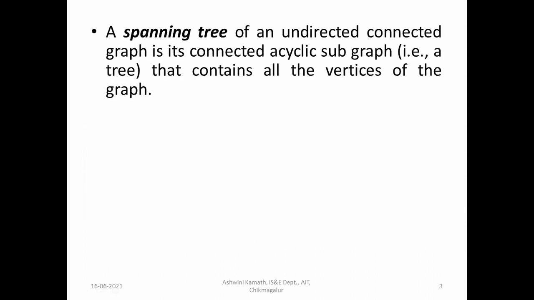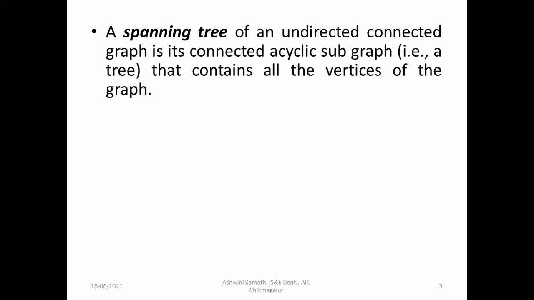So let us see what a spanning tree is. We have seen the spanning tree applications, now let us discuss what a spanning tree is. A spanning tree of an undirected connected graph is its connected acyclic subgraph, which is nothing but a tree, that contains all the vertices of the graph.